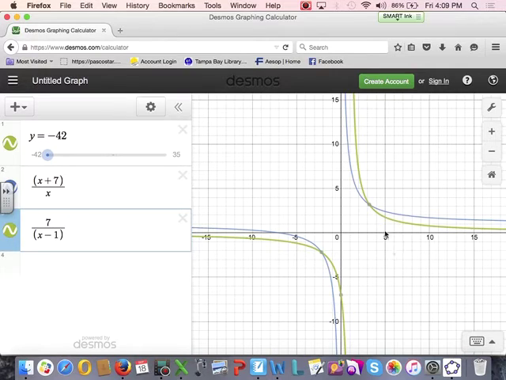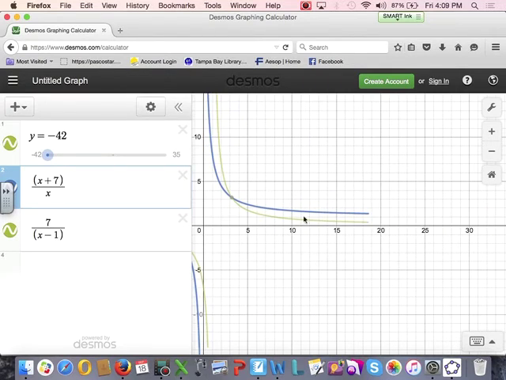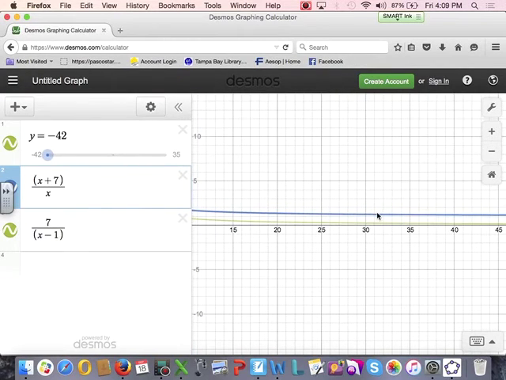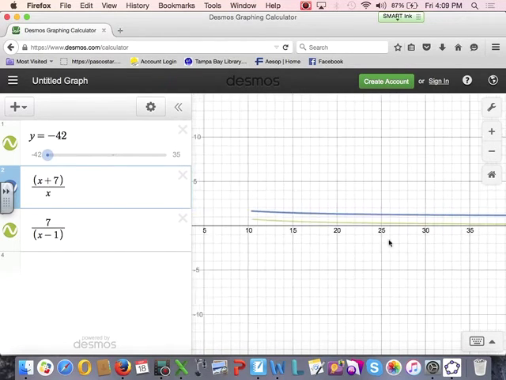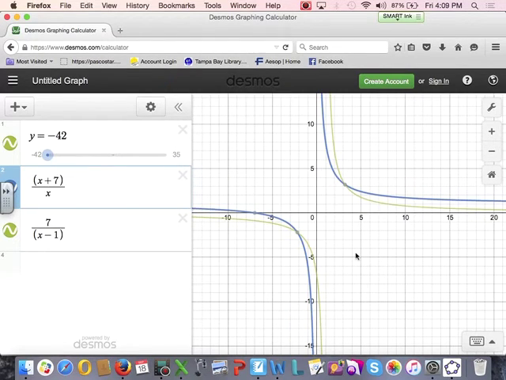Well, notice how in the blue one, if I take this point and drag it on over, notice how it's getting closer and closer to 1, but it never quite seems like it's going to get there.